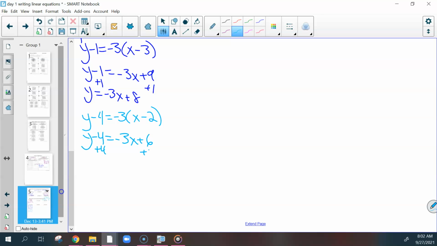Add 4. If you do the math correctly, unlike what I just did, you should get them. You don't need to do both, you just need to do one. But if you wanted to see that they both work, that is that process.